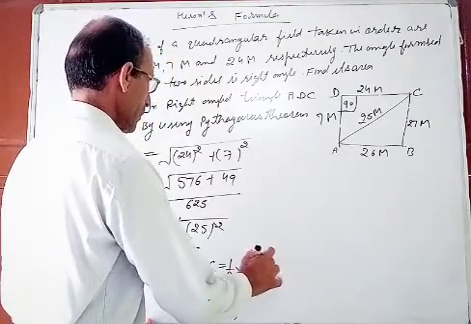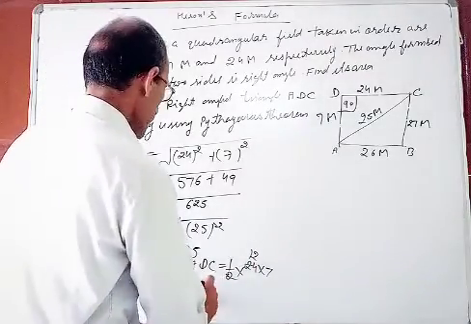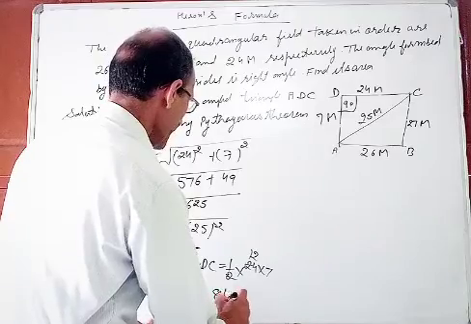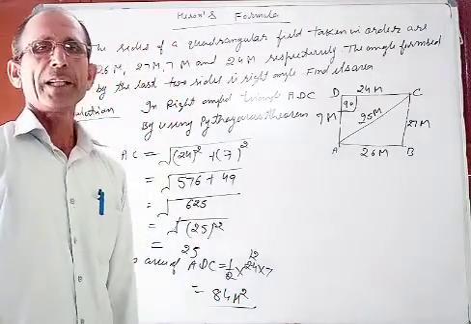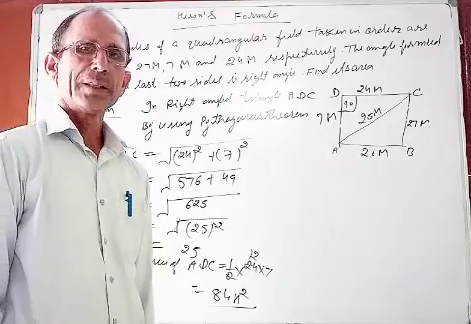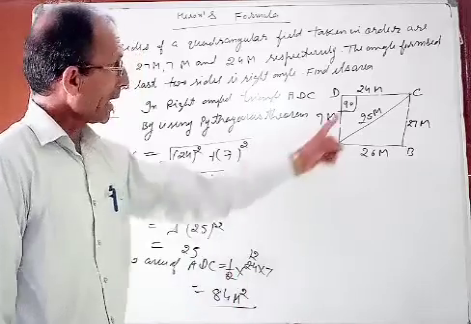So 12 times 24... 12 times 7 is 84. 84 square meter. This is right or wrong? Yes, right. So this is the area of this triangle.